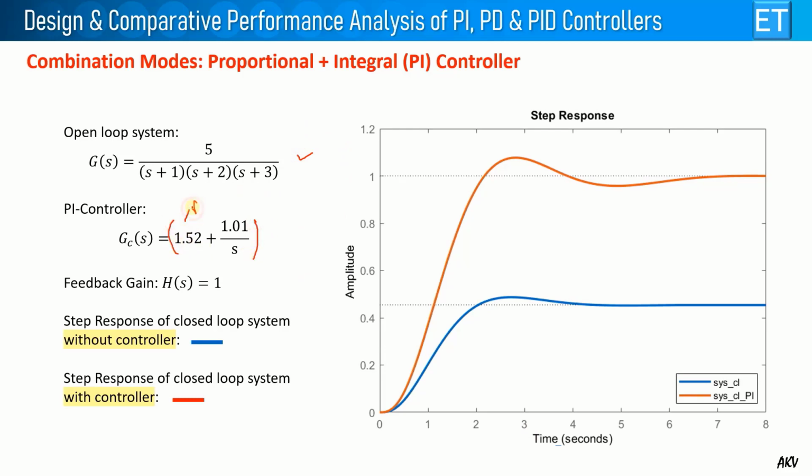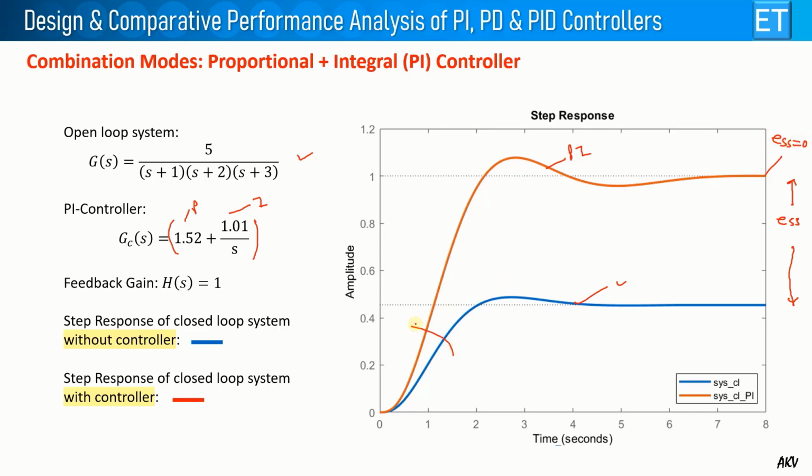So this is our P part and this is our I part. This blue one is your uncontrolled system. Here you can see that we have the huge ESS, but with the help of the PI, this ESS has reduced to 0 because the response has now reached 1. So ESS is 0 now.